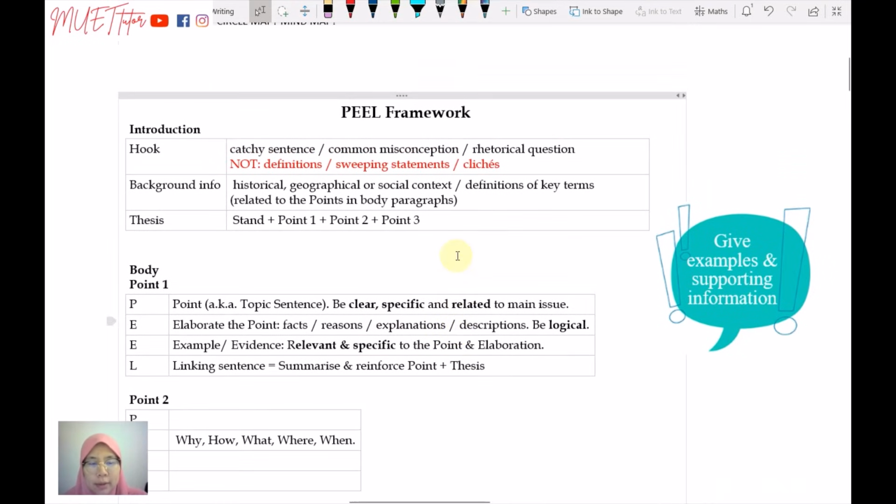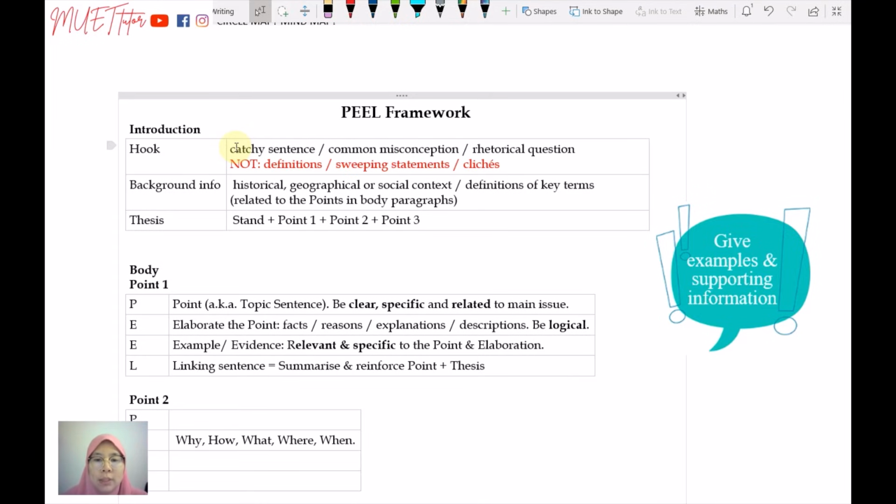We'll start with the introduction. It begins with a hook. A hook in our introduction functions to grab our readers' attention and then trigger them to question or argue or want to know the answer or find out more about what you're going to say.